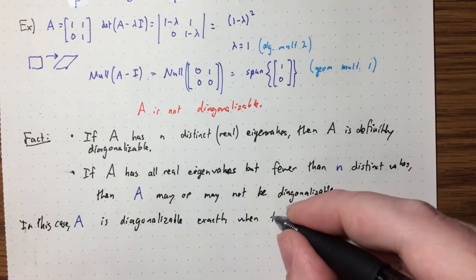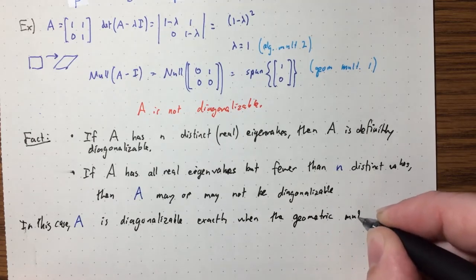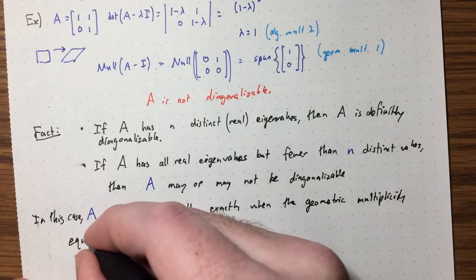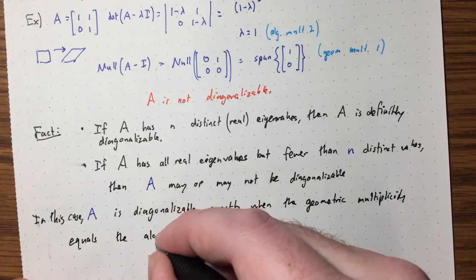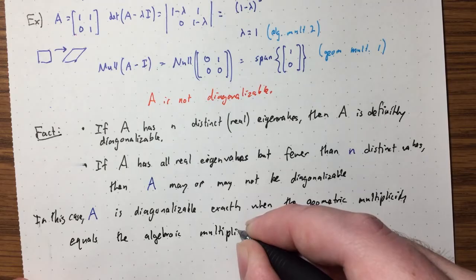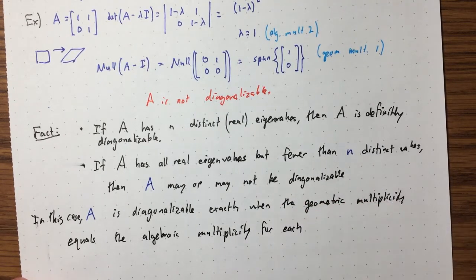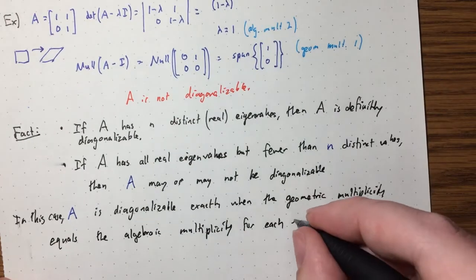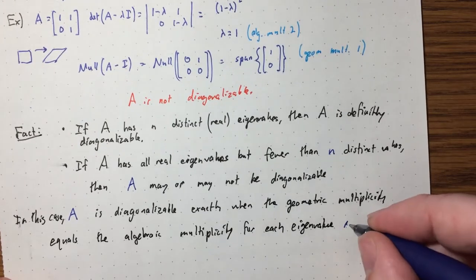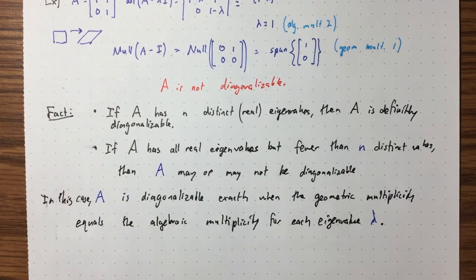It's when the geometric multiplicity equals the algebraic multiplicity for each eigenvalue. Great. So that's what we have to check.